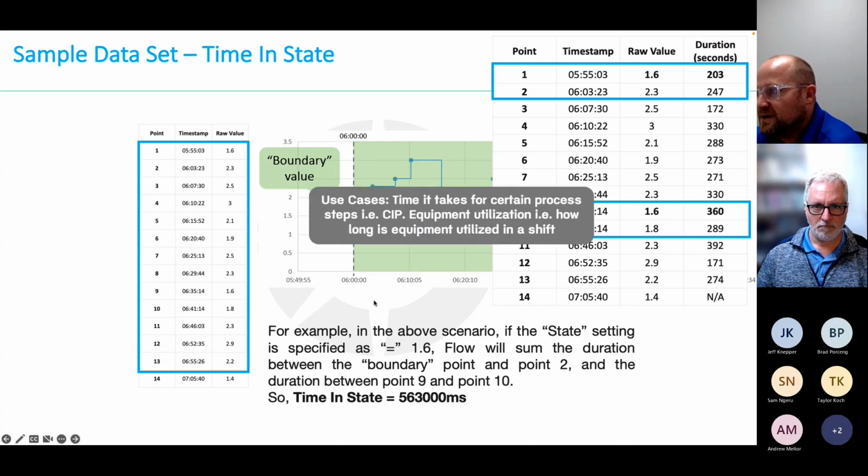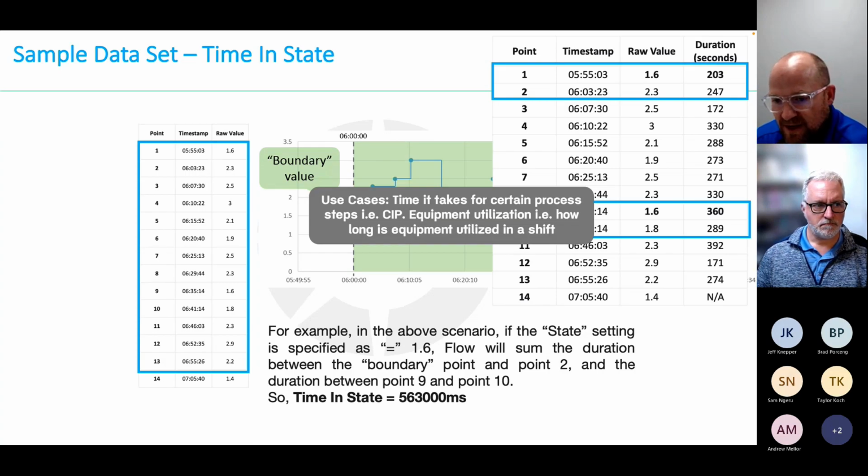Perfect. All right. Again, what do we use this for? We use this for how long was my CIP process or cleaning in progress? How long was my machine running for? How long did I utilize a certain piece of equipment? How long was a certain product active within the shift or in the day? So we use that quite a lot with utilization aggregates.